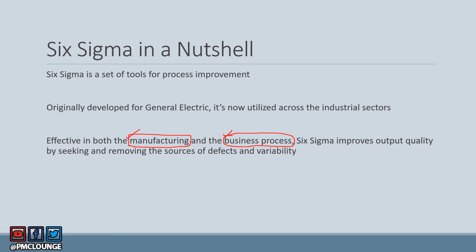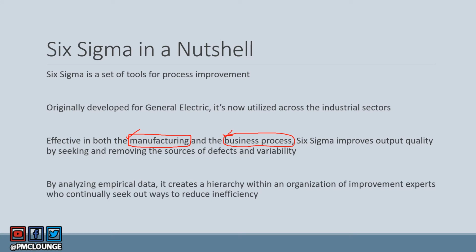So Six Sigma improves output quality by seeking and removing the sources of defects and variability. Empirical data is analyzed when we are talking about Six Sigma. It creates a hierarchy within an organization of improvement experts. So there are Six Sigma improvement experts, and they analyze the empirical data and they seek ways how they can reduce inefficiency.